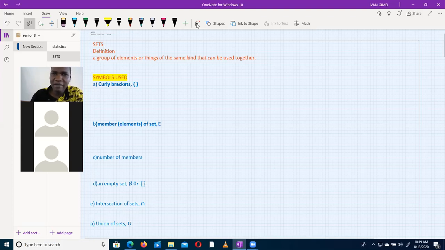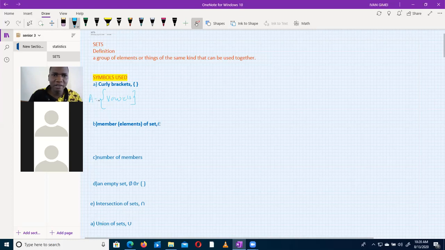The first one is curly brackets. This type of brackets is called curly brackets. This is the one we use in sets, and when you see something like this with a word, let's say vowels, it means we have a set, the set of vowels.